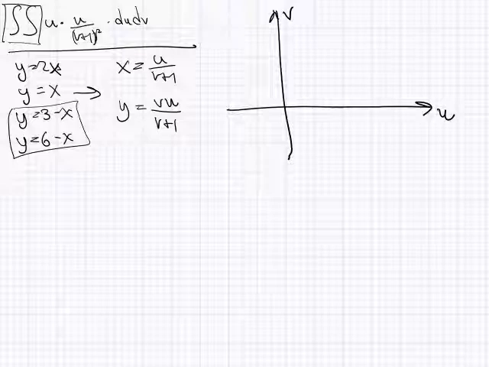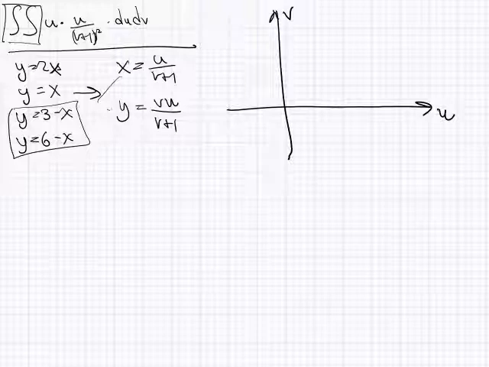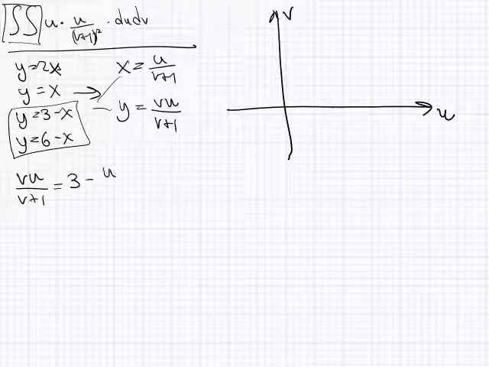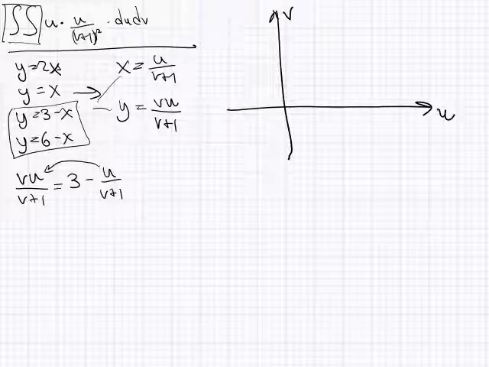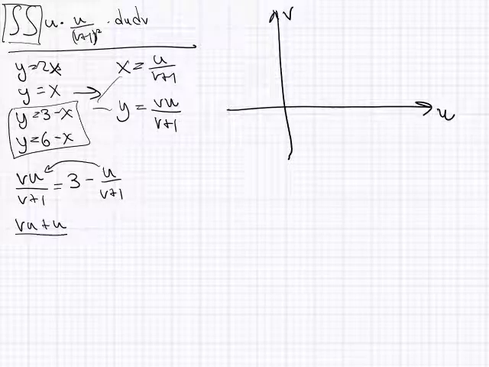It doesn't really actually matter where we start. But what we're going to do is plug what x equals and what y equals into the equation and see what happens. So let's start with y equals 3 minus x. So y is vu over (v plus 1), and we have 3 minus x, which is u over (v plus 1). So if I add this over to the other side of the equation, I'm going to get (vu plus u) all over (v plus 1) equals 3.